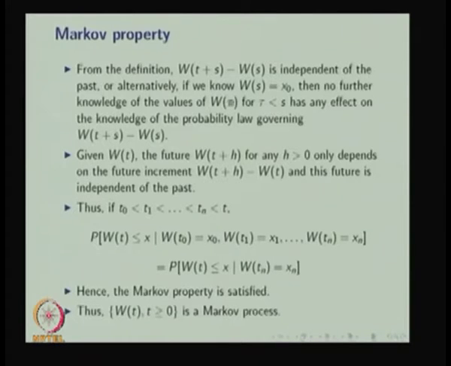The W of t plus s minus W_s is independent of the whole past history, and if you know the information at s, it depends only on the time point s, not the whole past history.